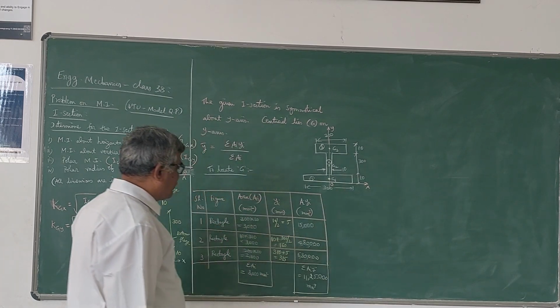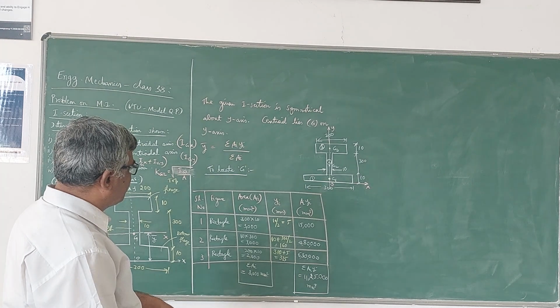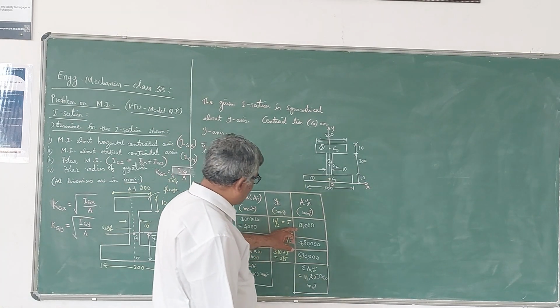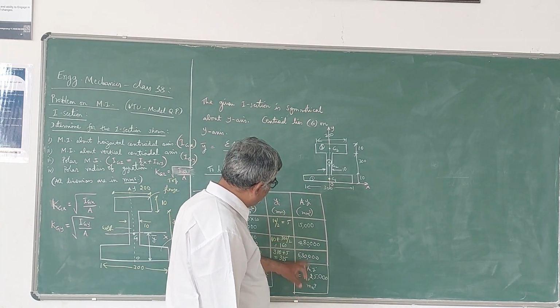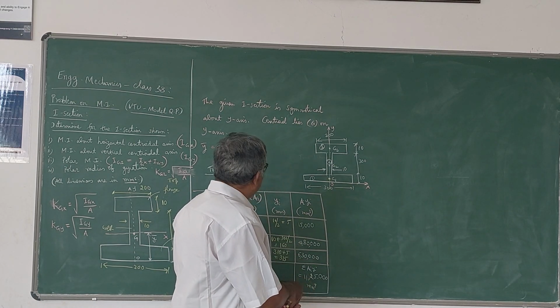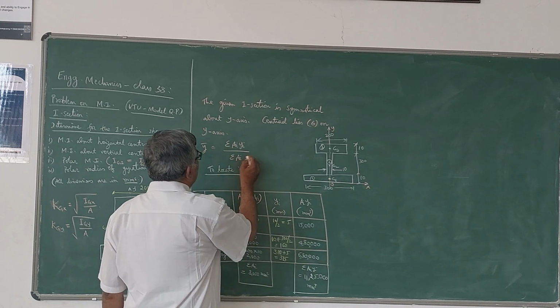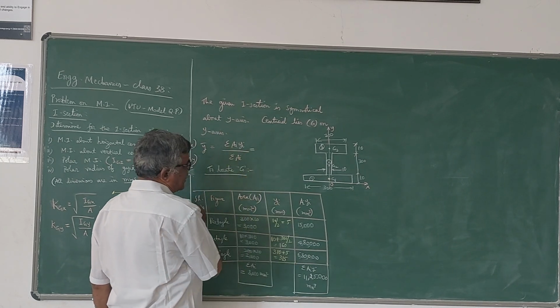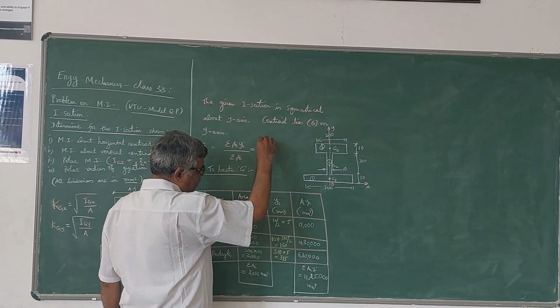So this is the sigma Ai yi value. Do it carefully and check it once again. Once you get the value of sigma Ai yi, substitute it in this formula and get the value of y bar.